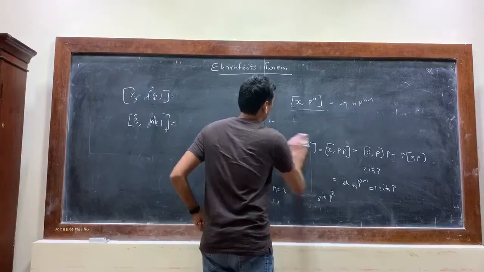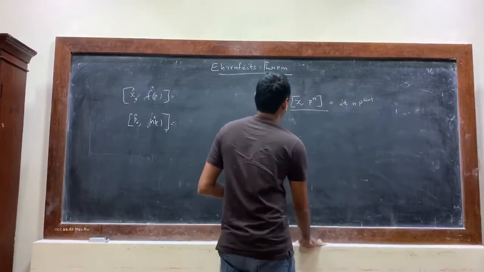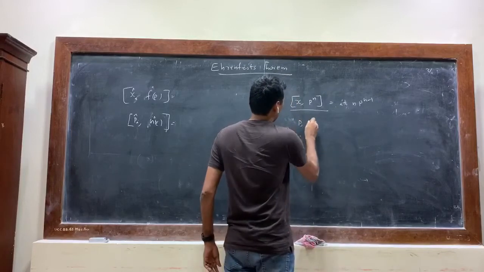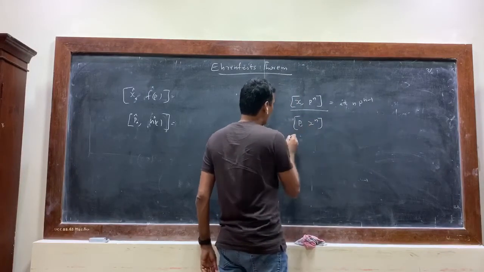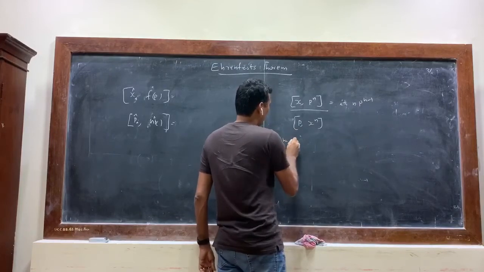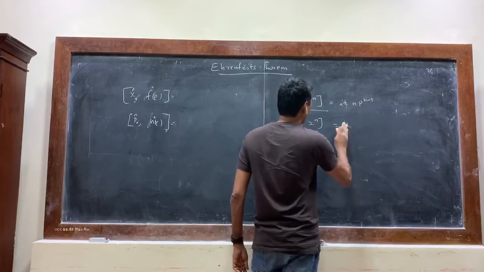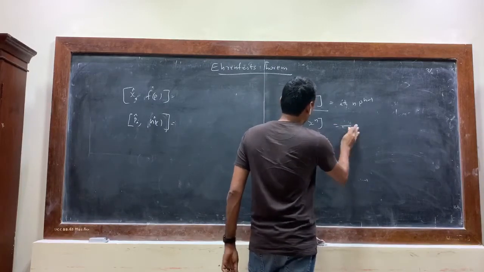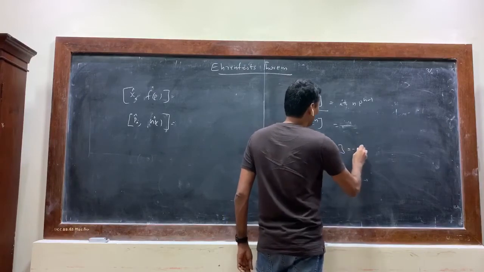Okay, that's fine. And what do you think about this thing, [p, x raised to n]? Here, when n equal to 1, you will get [p, x], you will get minus iħ.